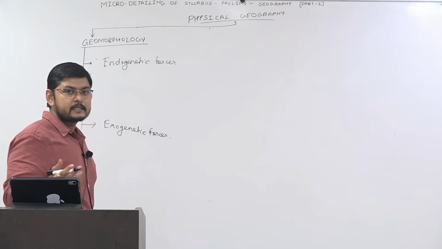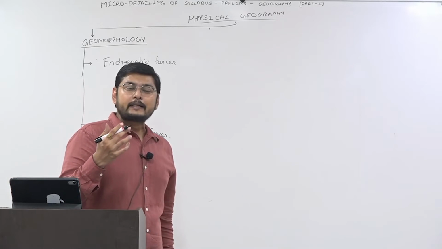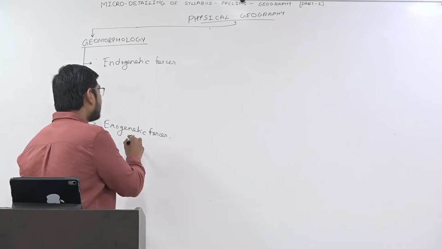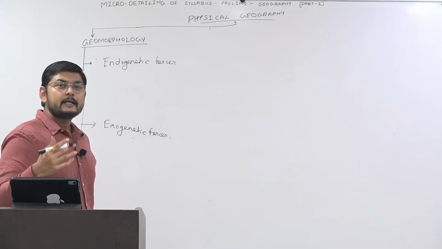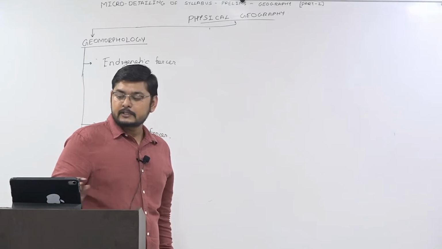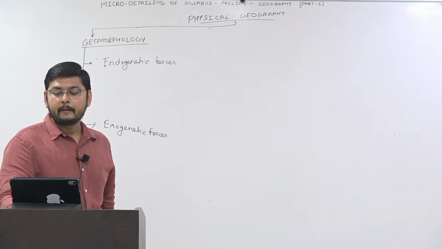Okay, endogenetic forces, what is it? What does it lead to the development of? What are exogenetic forces? What does it lead to the development of? What does it lead to the destruction of? So we will study this in quite detail.